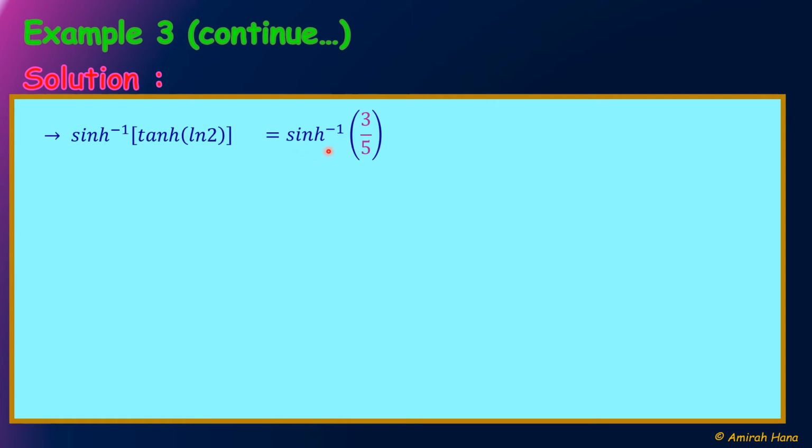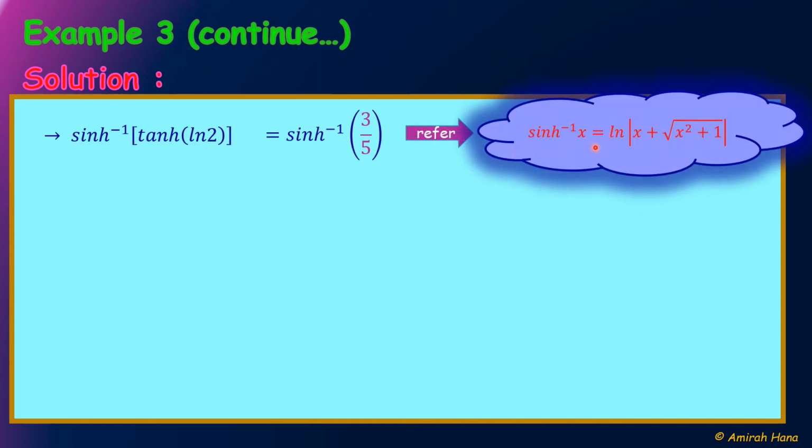So we need to refer to the formula: inverse sinh x equals ln of x plus the square root of x squared plus 1. We can write inverse sinh 3 over 5 equals ln of 3 over 5 plus the square root of 3 over 5 squared plus 1.